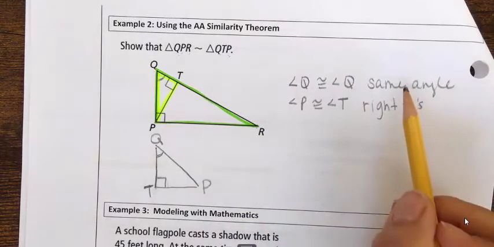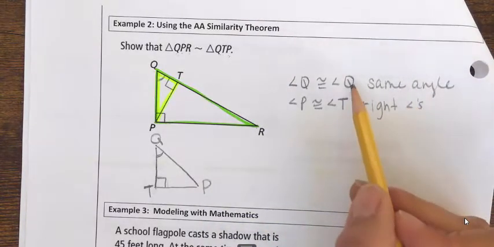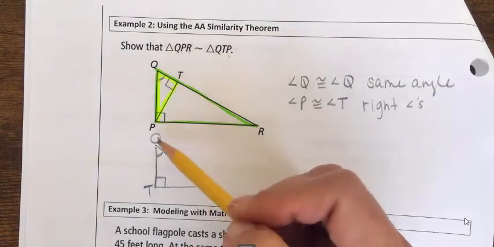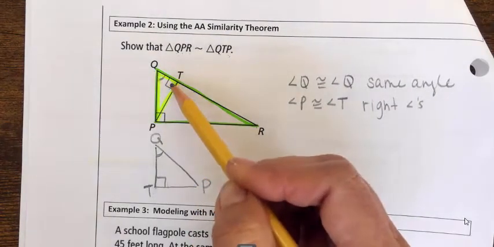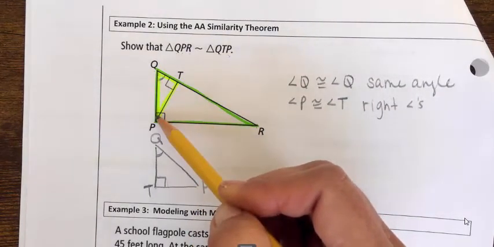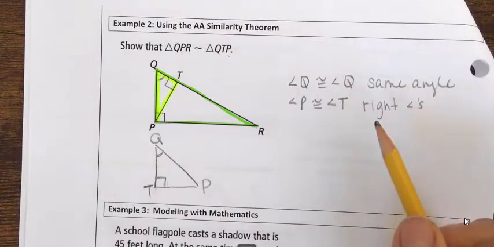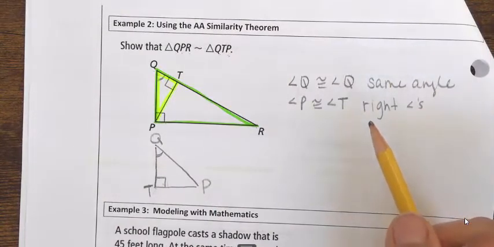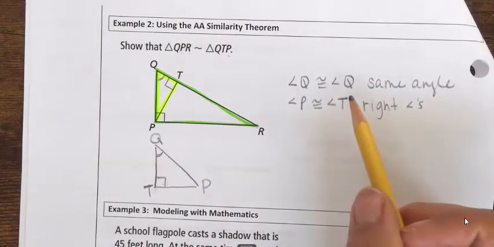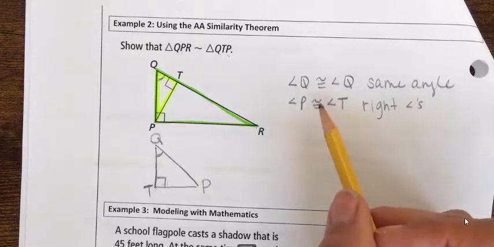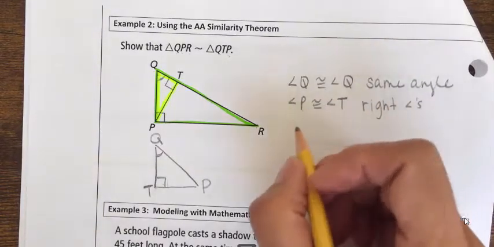I think that's enough. If I have two angles, this angle congruent to that angle, angle P congruent to angle T, because I rotated it and reflected it, then I have enough information to say that the two triangles are similar because of the angle-angle similarity theorem.